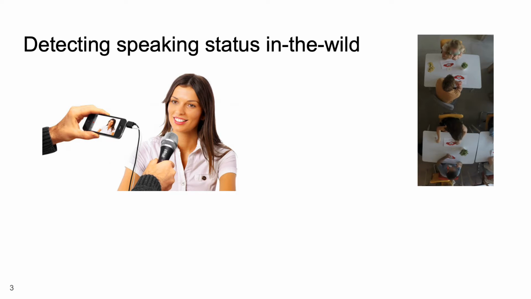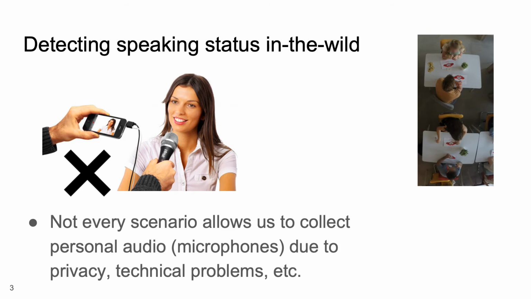Now, if we want to detect a speaking status, then of course we can just give every person a microphone, right? Well, in reality it's not so easy, because there are challenges with giving microphones to people for data collection. There are technical challenges in that scaling the equipment that is necessary to have high quality recordings in a large room full of people can be challenging and expensive.